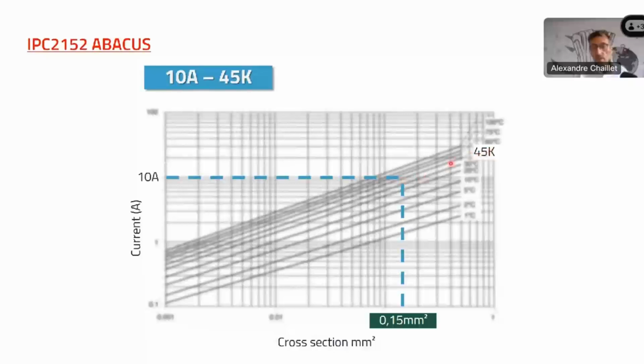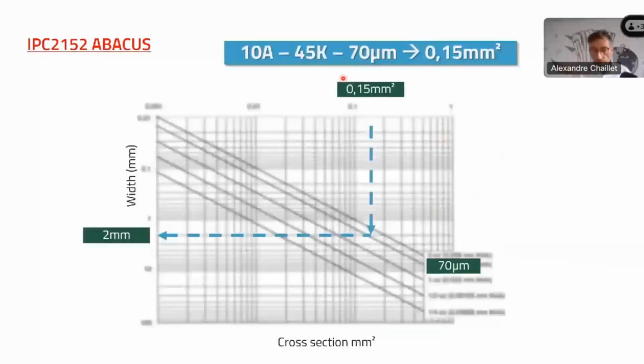You cross the 45 Kelvin here, and that gives you 0.15 square millimeter, which is the cross-section that you want to reach for your trace. Imagine that you would like to have 70 micrometer of thickness for your traces. Then from 0.15 square millimeter, you cross the line of 70 micrometer, and you have a width of 2 millimeters.